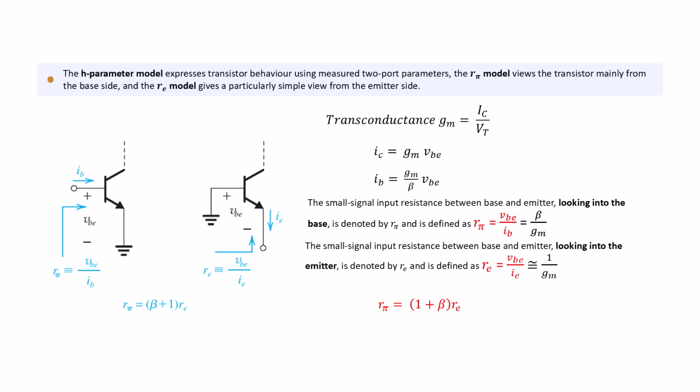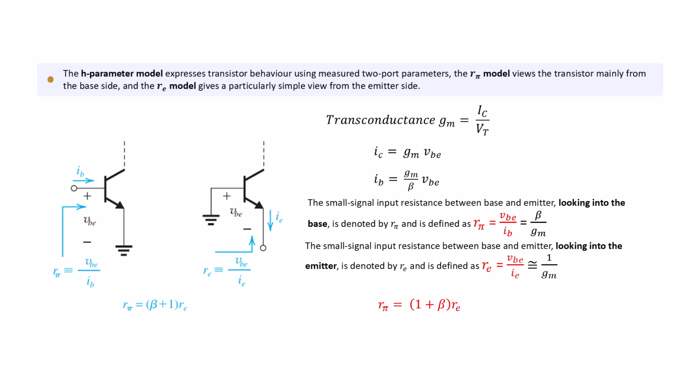Let's set the stage. You already know the H parameter model. The R-Pi model instead views the transistor from the base side, while the RE model gives a simple view from the emitter side. Both start from the transconductance Gm equals Ic over Vt. From this, Ic equals Gm times Vbe and Ib equals Gm over beta times Vbe.